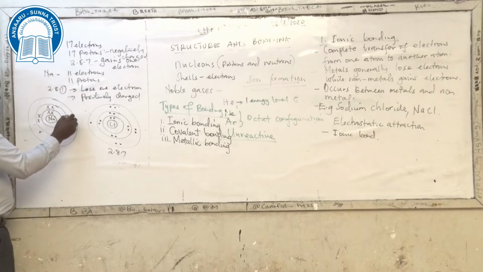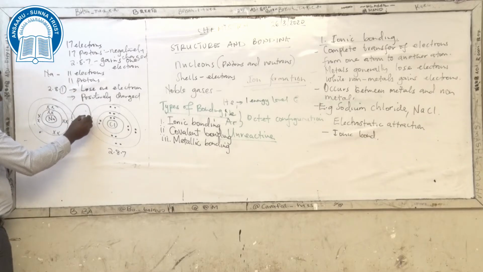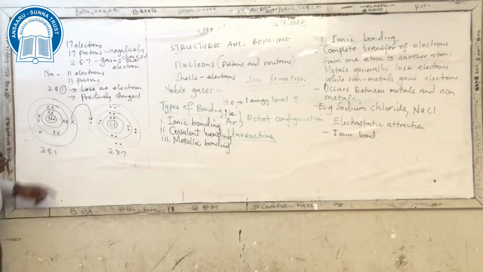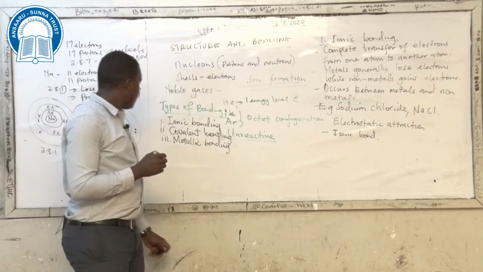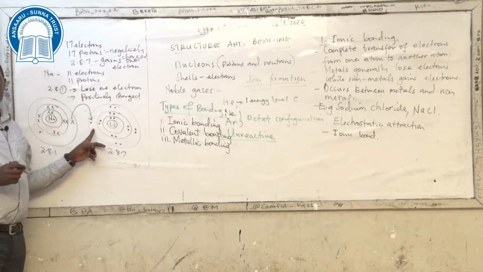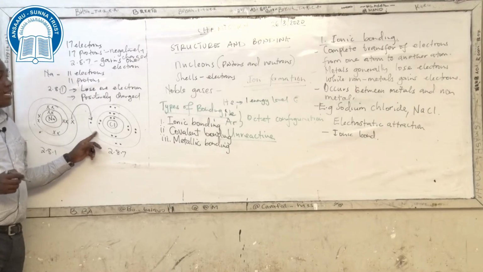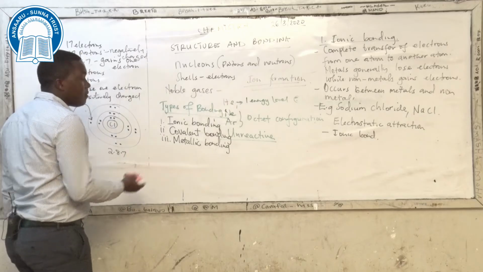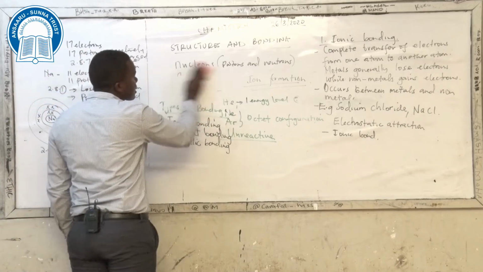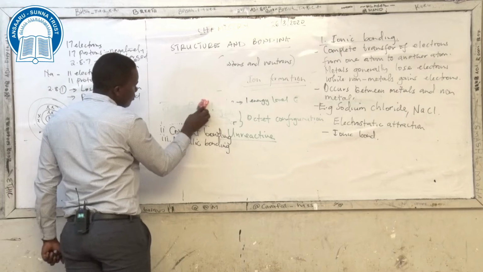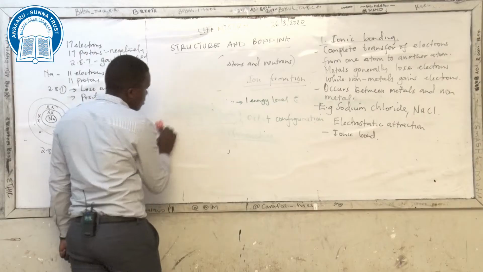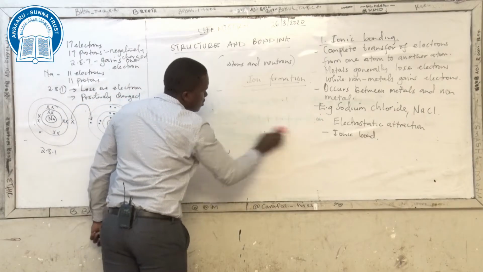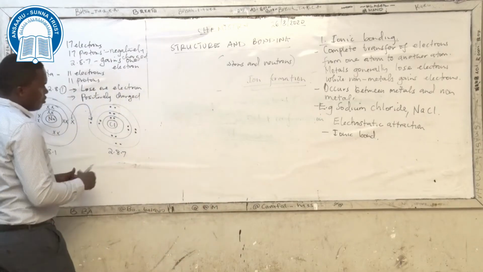So this electron will be transferred into the chlorine atom, and therefore this transfer of electron will lead sodium to now have 10 electrons, and chlorine having an additional electron, which makes it now to be 18 electrons. So the structure formed will be 2 ions of opposite charges.